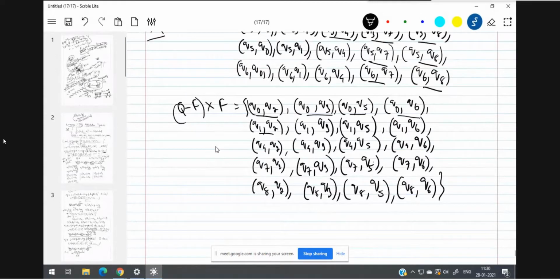Next, 1, 2, 1, 3, 1, 5, 1, 6. Next, it's not eligible because the subscript of P is greater than subscript of Q. So only this much I'm going to select.